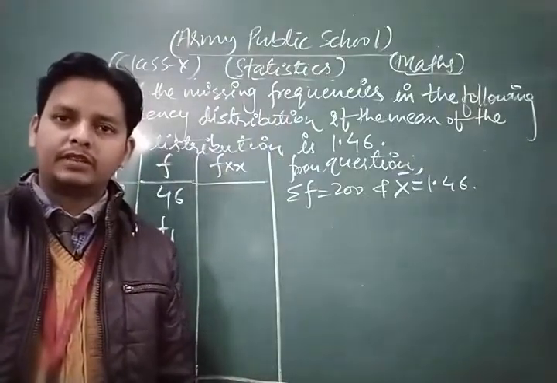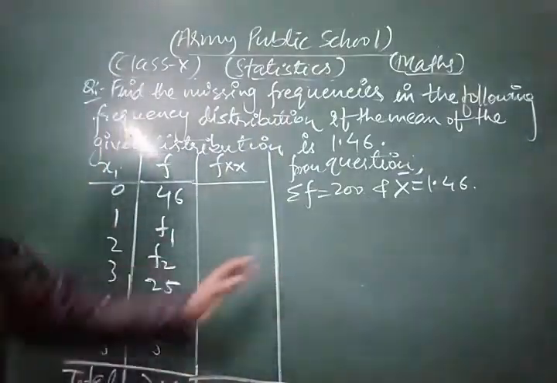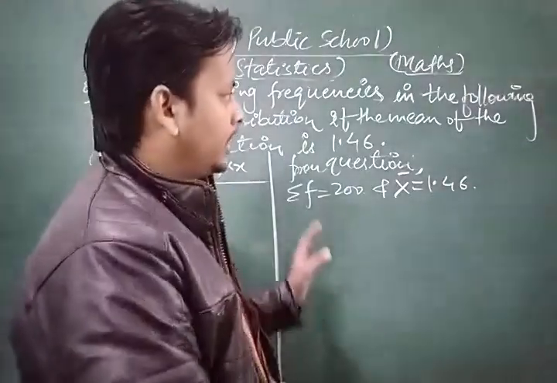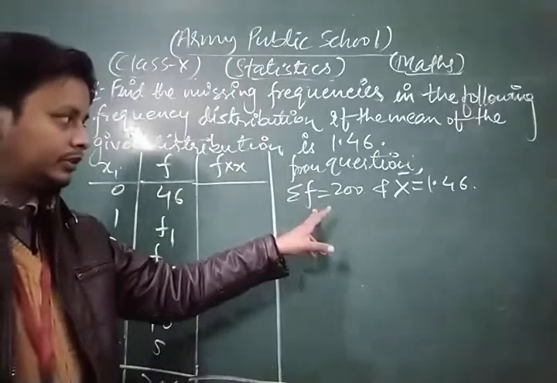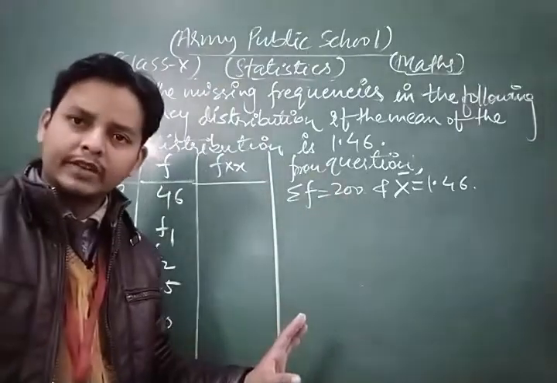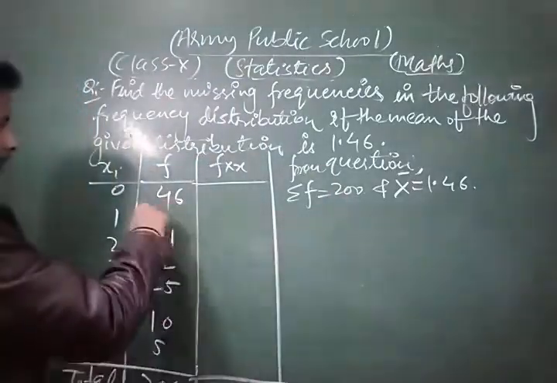Now, sigma f is 200 as given. First of all, we multiply them.